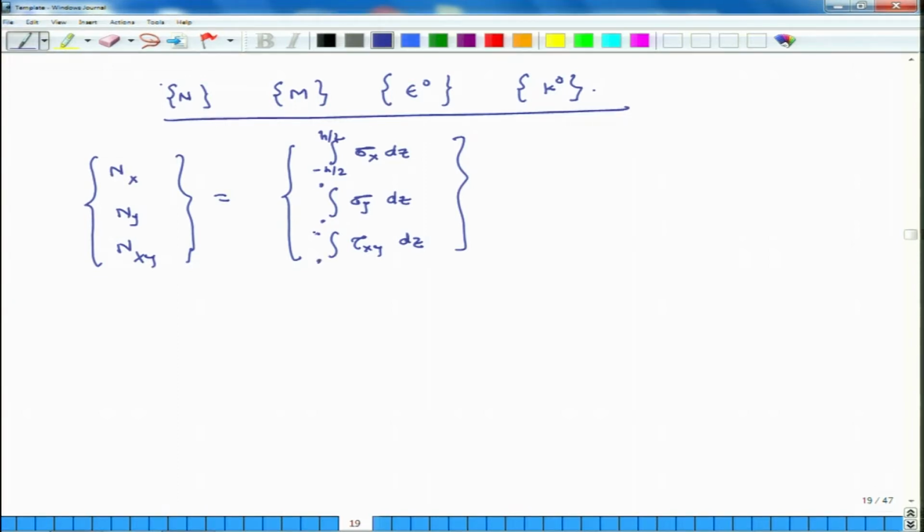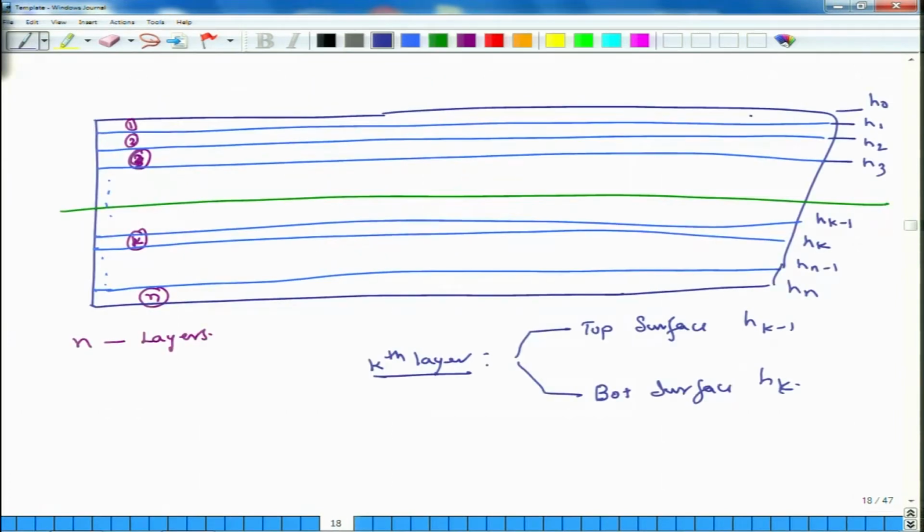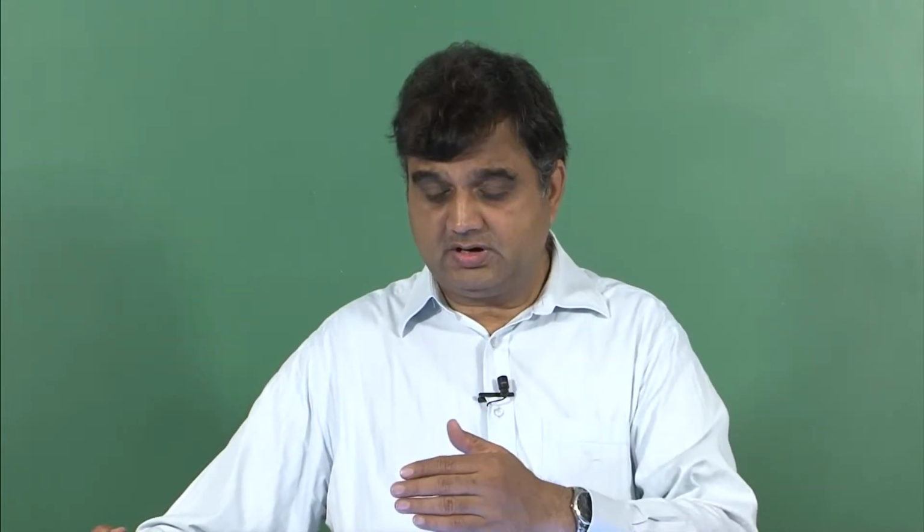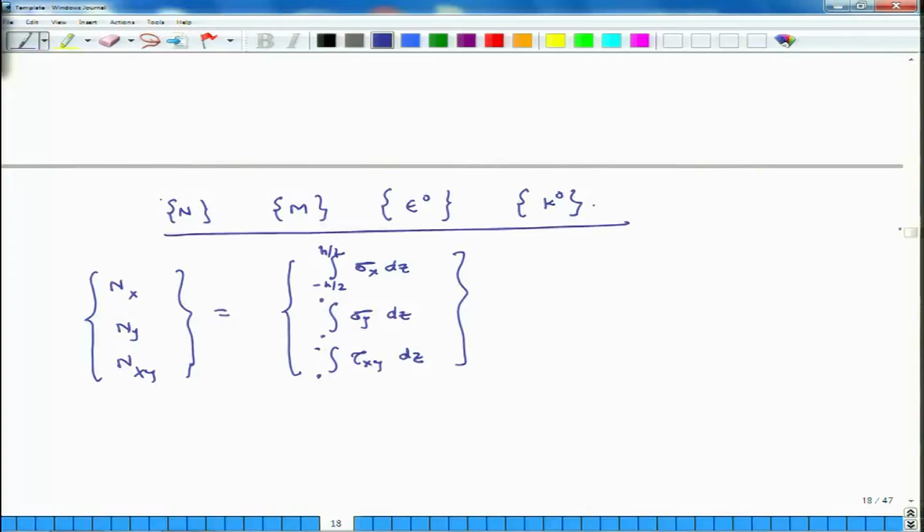Now, we know, and we have explained this earlier, that within a layer the stress is continuous, but as I move from one layer to another, the stress jumps, and whenever there is a jump, I cannot use this kind of integral.